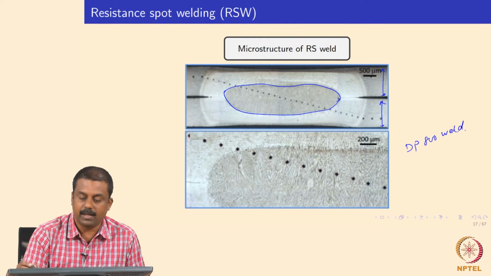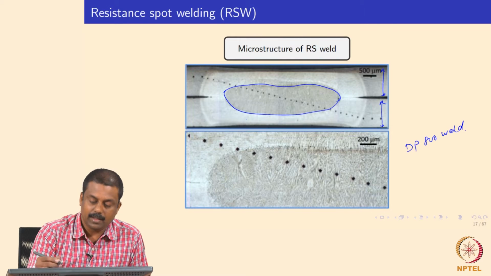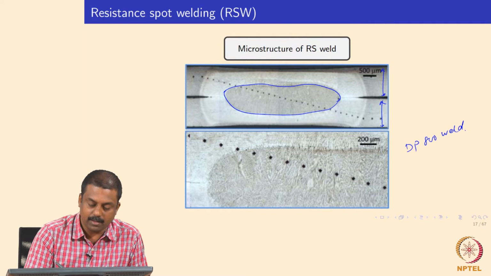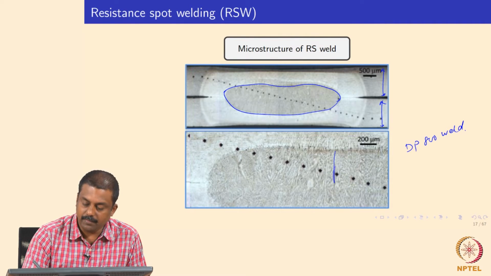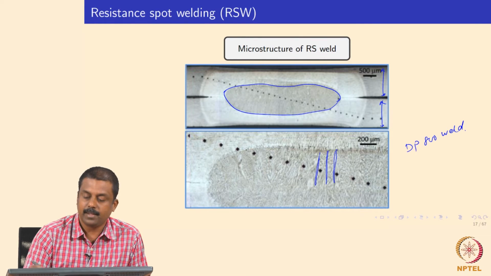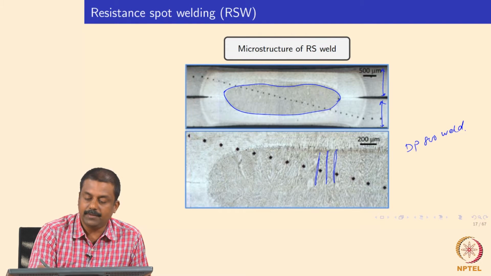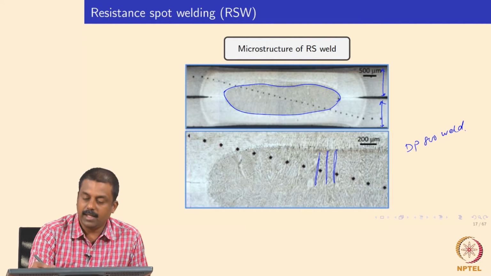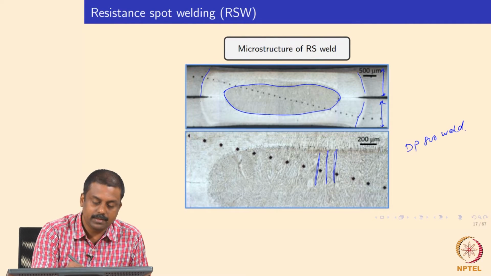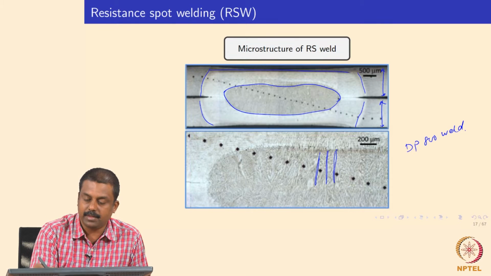So, this is a typical weld nugget, and if you zoom in, you see the columnar grain growth solidification towards the weld center line, and subsequent to the fusion boundary you have a heat affected zone, and in this case it is also clear. So, the heat affected zone is somewhere up to this region.